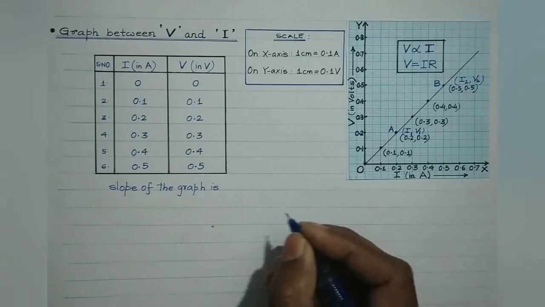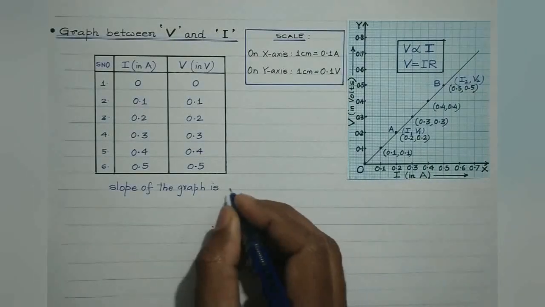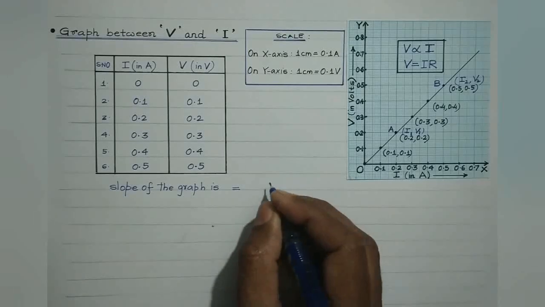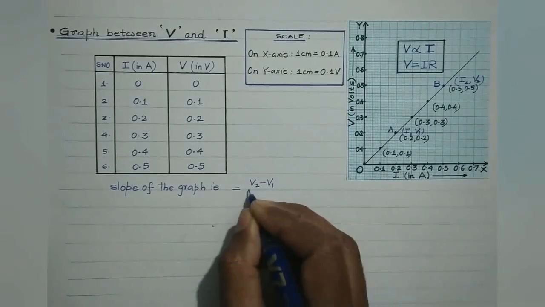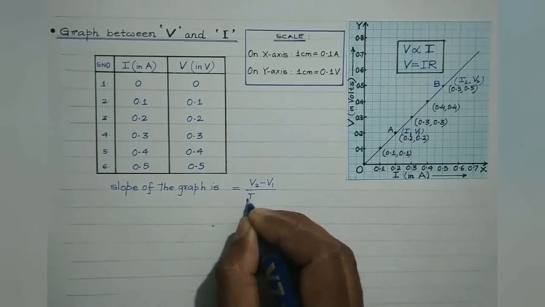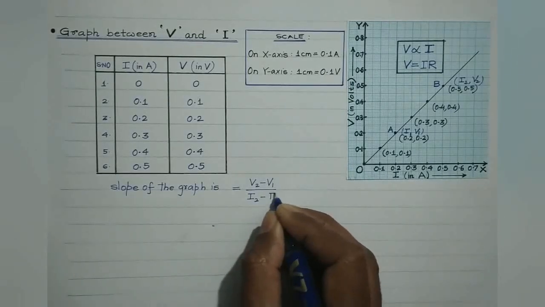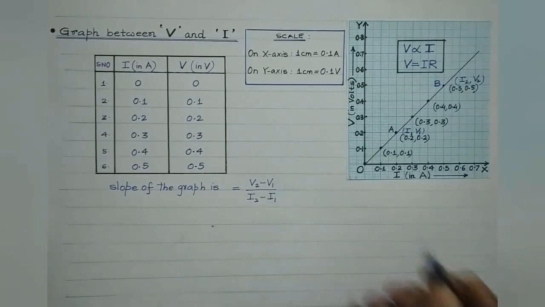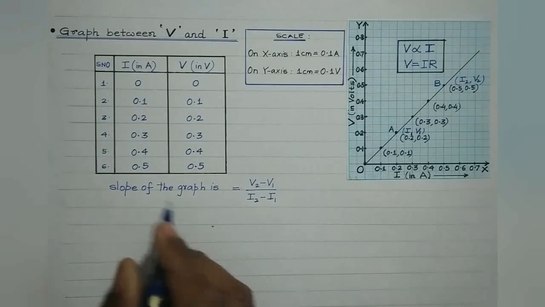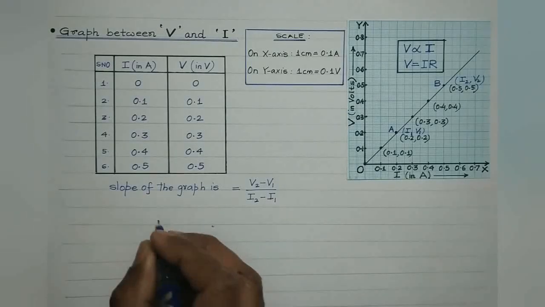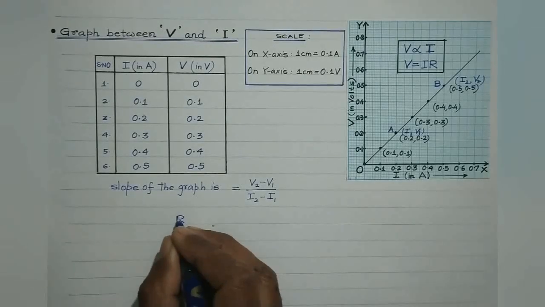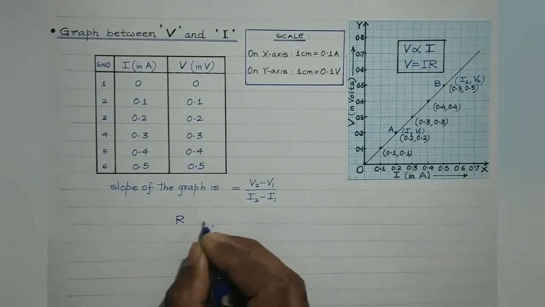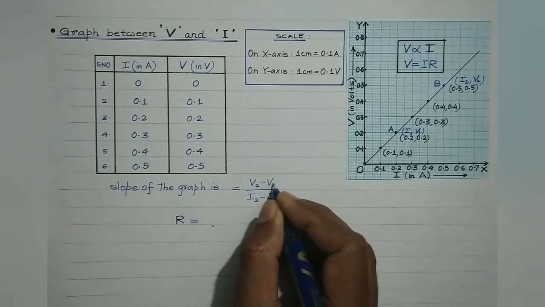Now slope is y2 minus y1 divided by x2 minus x1. So it would give us V2 minus V1 divided by I2 minus I1, which is the resistance. So the slope of the graph will give us resistance. So R, which is the resistance, is equal to V2 minus V1.